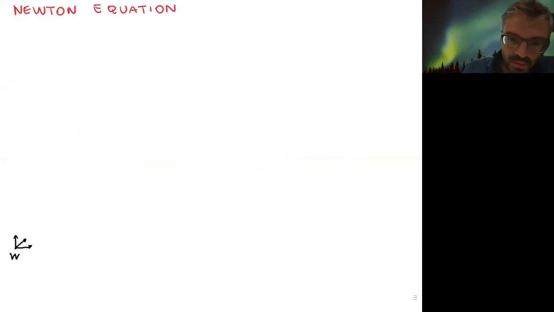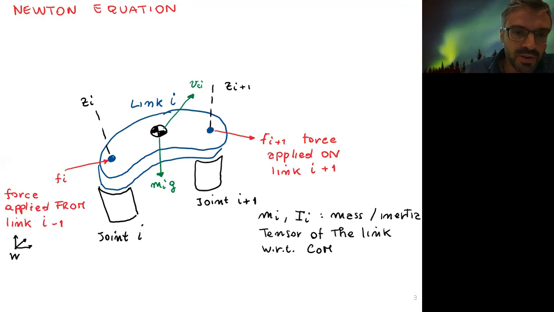And the Newton equation that we are going to use. So first we consider the single link, single rigid body. And we want to write the Newton equation for this rigid body. We look at the mass and all the forces acting on this mass.